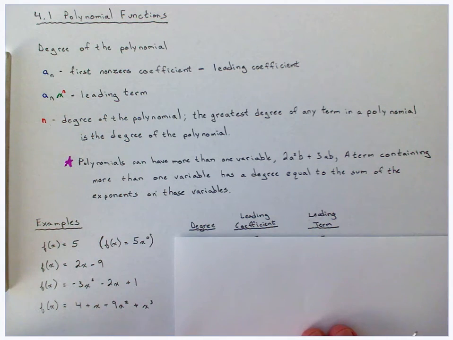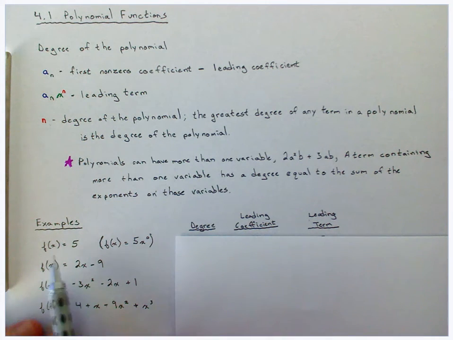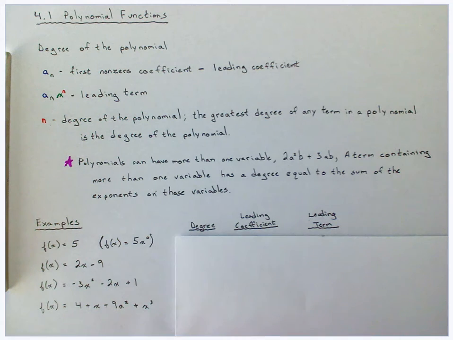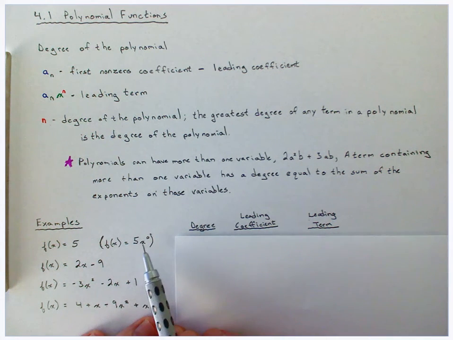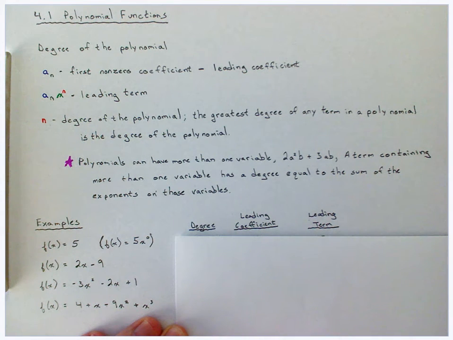Okay. That being said, let's look at some examples. We start off simple and we move to more complex polynomials. The first one is just what they call a constant function. This is simply y equals 5. That is a horizontal line on the coordinate plane at y equals 5. How I need to view it for what I'm doing here with my polynomials is as 5 times x to the 0, because what is x to the 0? 1.